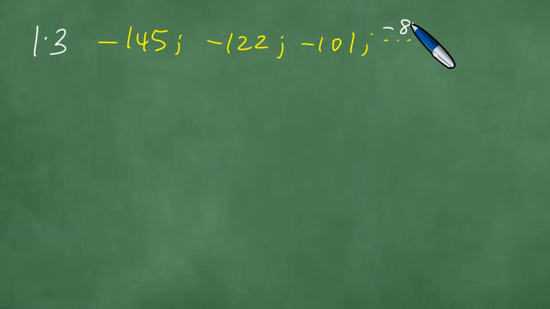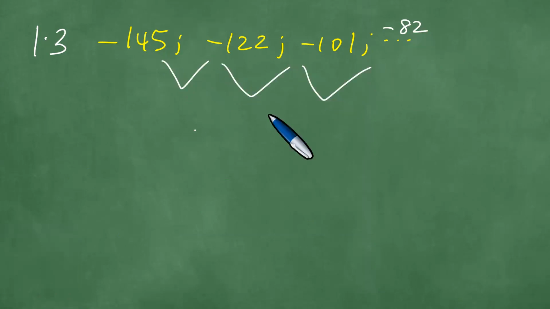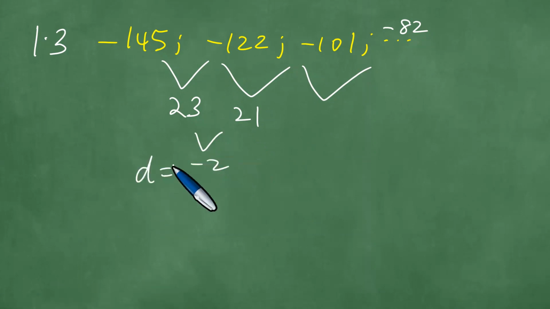We've already seen the differences, so I'm not going to bore you with those. This became 23, by taking the next minus the previous. So the first term is this.